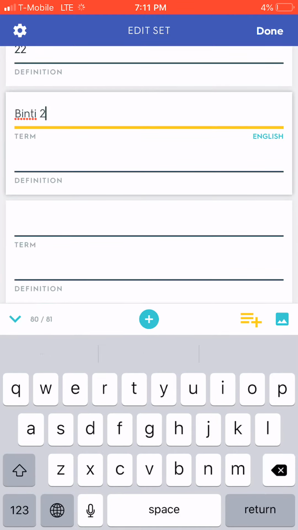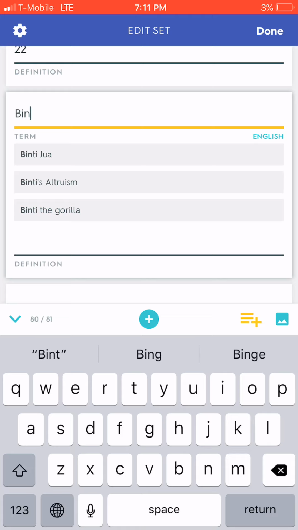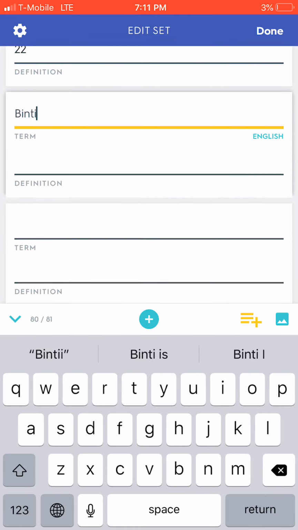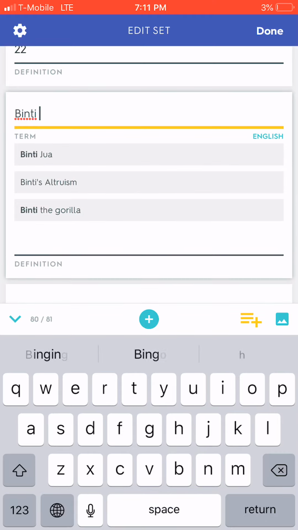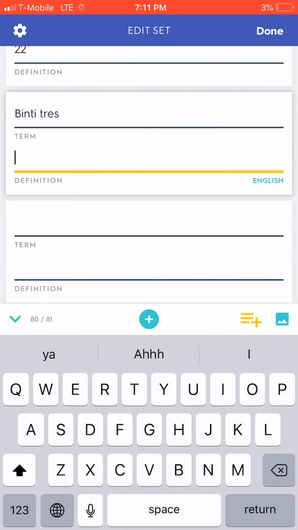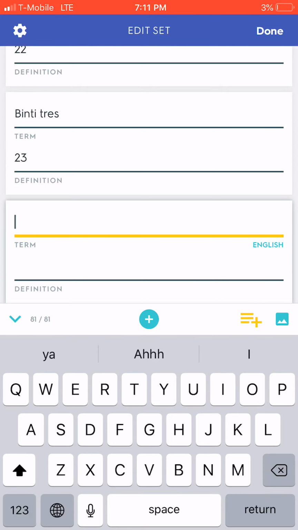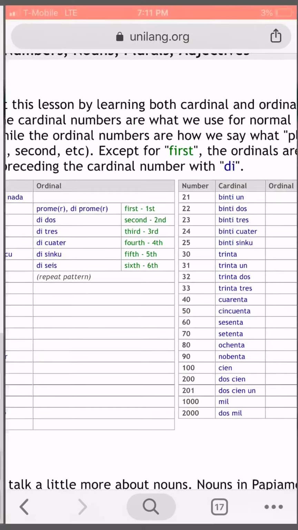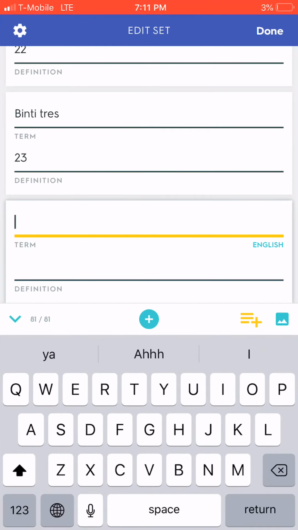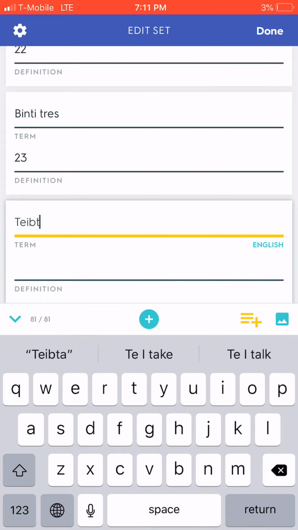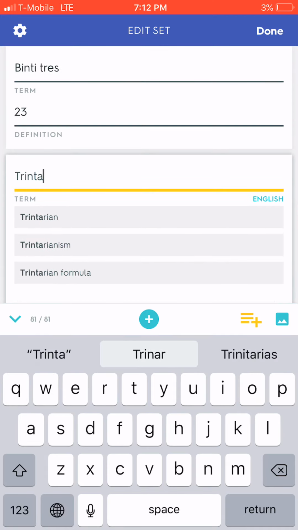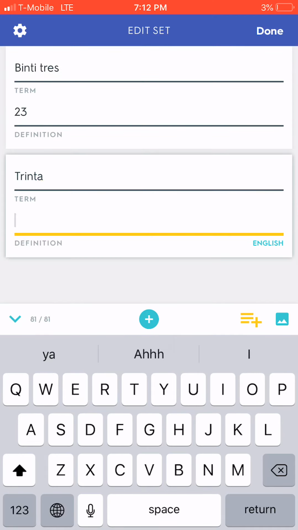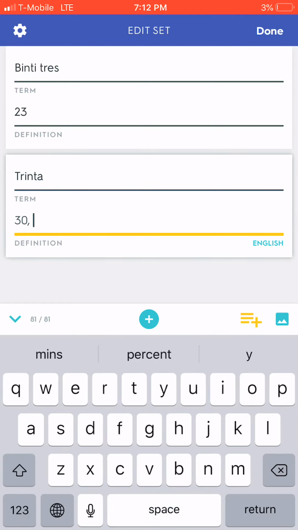No, not 23. What? I don't know what that is. So 23. 30 is 30.